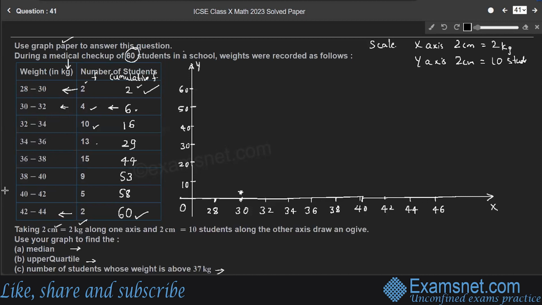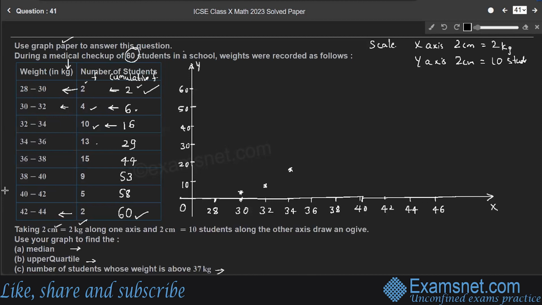So 6 students in the range 30 to 32, right? So next is 16 along the y-axis, 32 to 34. Upper limit is 34. So 16 students.